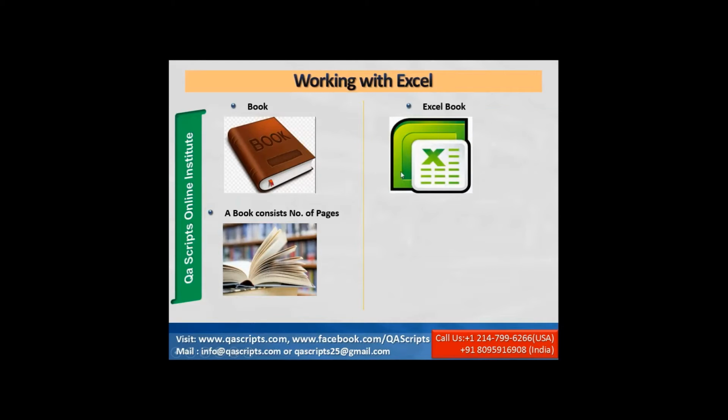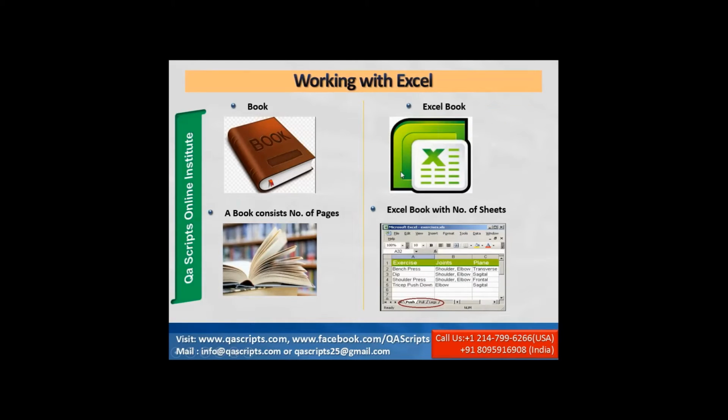In the same way, in the Excel file or Excel book, you'll have a number of sheets like sheet 1, sheet 2, sheet 3. So each page is nothing but each sheet. Each sheet in an Excel book is a kind of page in a book. So the entire file is a kind of book.